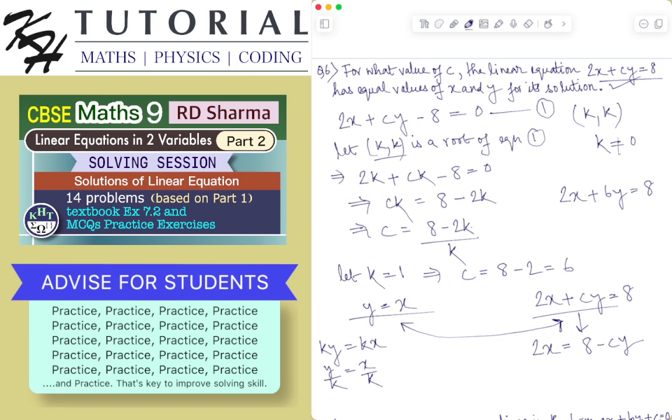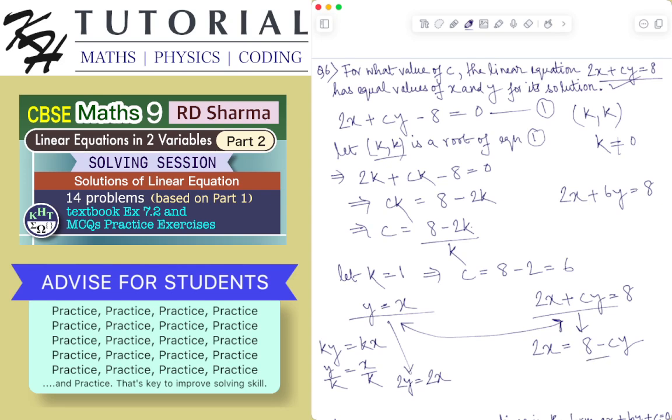And from the equation y equals x, if I multiply both sides by 2, I will have 2y equal to 2x. So 2x is equal to 2y. And for the given equation 2x plus cy equals 8, I see 2x is equal to 8 minus cy.